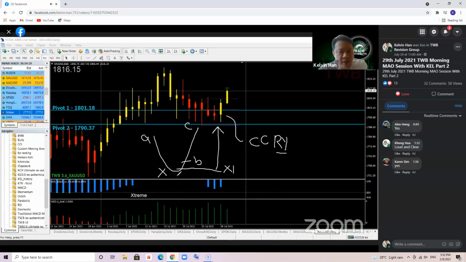The stop loss will still be somewhere around here. So that is the reason why PTP students are able to buy at X1 and put the stop loss near the low here. That's the difference. Can you see that? If that's the case, the rate of return can easily be 5-6 times compared to buying at B. So that is the difference between a PTP student and a regular student. Got the idea? Okay, all right.